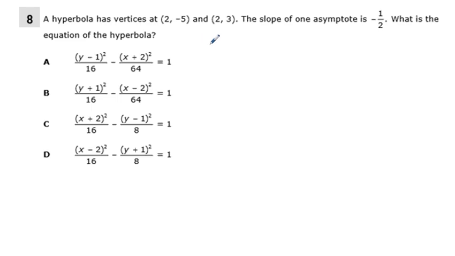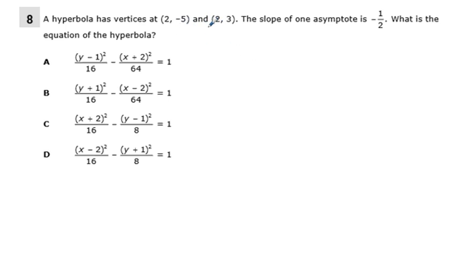A hyperbola has vertices at (2, -5) and (2, 3). The slope of one asymptote is -1/2. What is the equation of the hyperbola? What we have is the vertices are going to be surrounding the center.